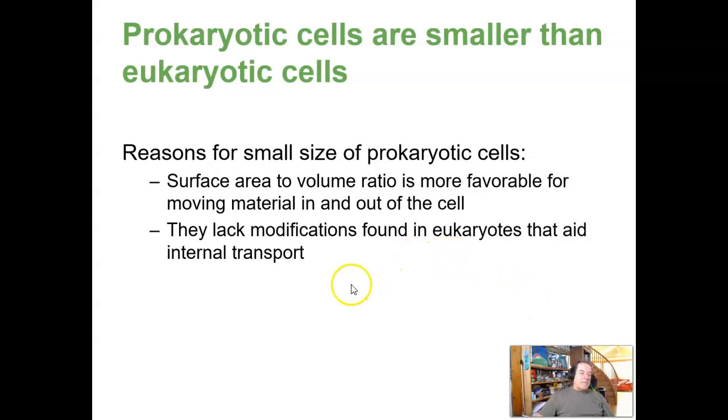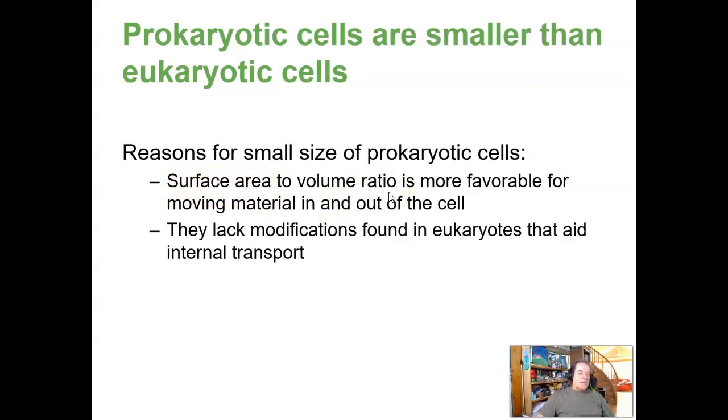Size. Cells can't be infinitely large, and prokaryotic cells are generally quite a bit smaller than eukaryotic cells. And the reason that cells have a maximum size is the phenomenon of surface area to volume ratio.